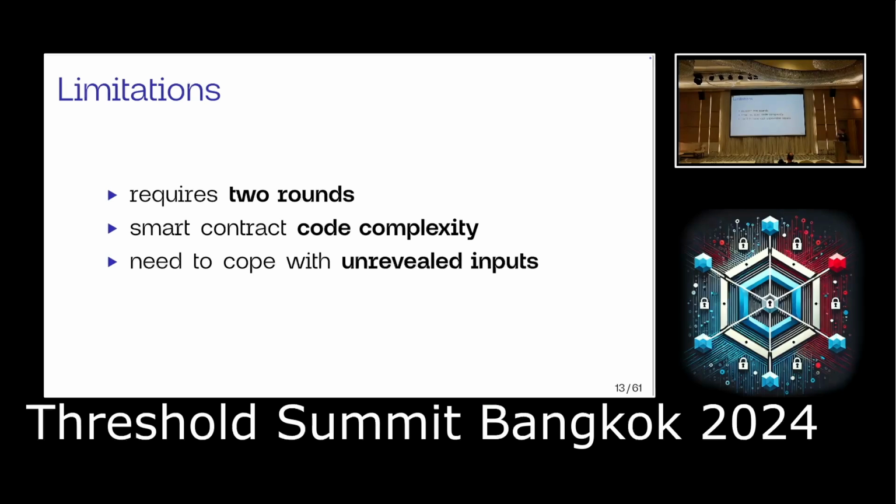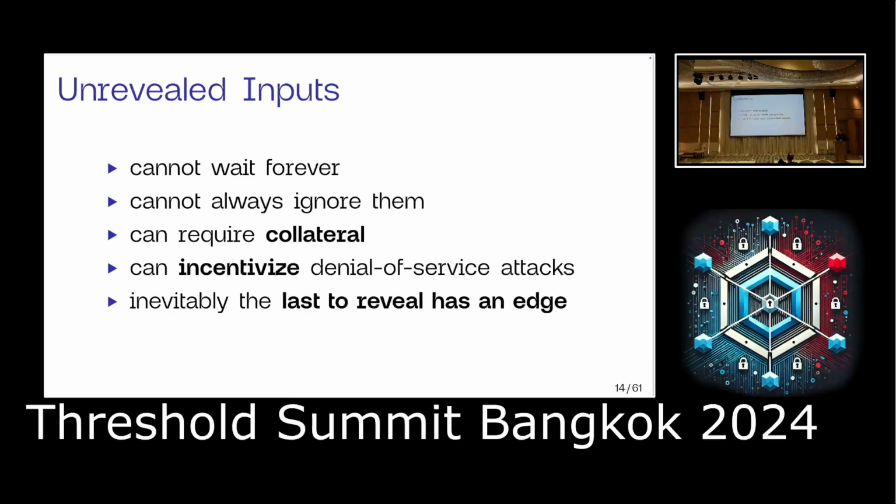And also you need to respond to unrevealed inputs. An unrevealed input is someone who does not open their commitment in time. So the question is, what do you do when that happens? And there's no really good answer, because you can't really ignore the commitment, because it will change the result, but you don't want to wait forever.